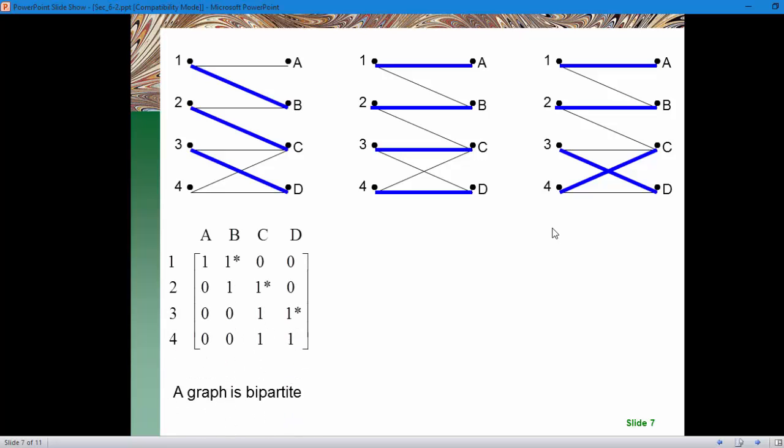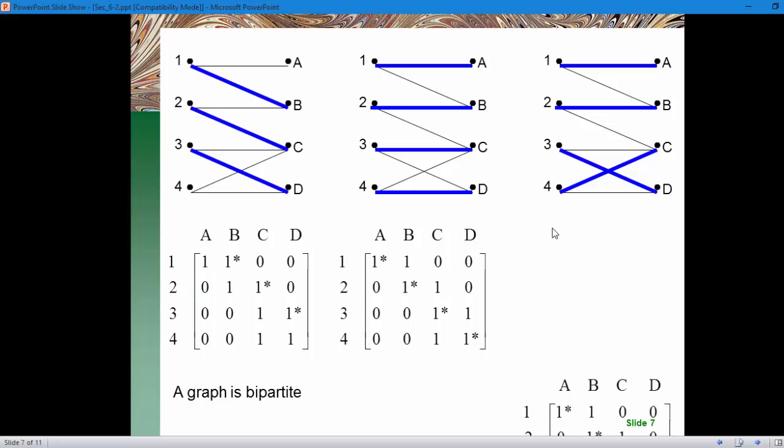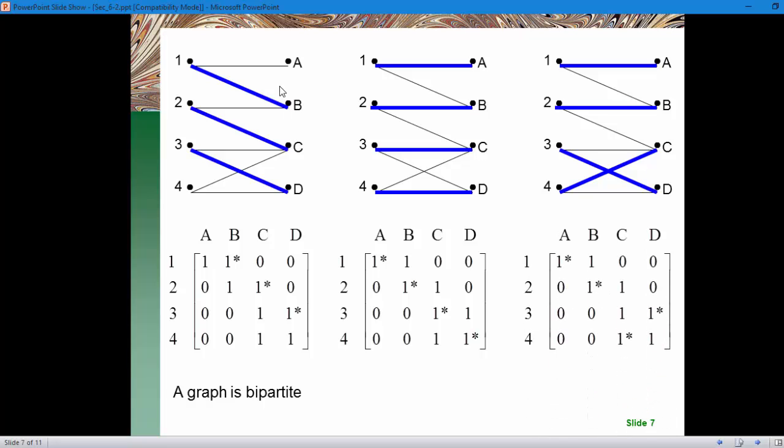So here are the corresponding matrices for these bipartite graphs. This is a matching with three edges. Look at how this matching is represented with matrices. It is represented by these three asterisks. Notice that I'm selecting these three ones.